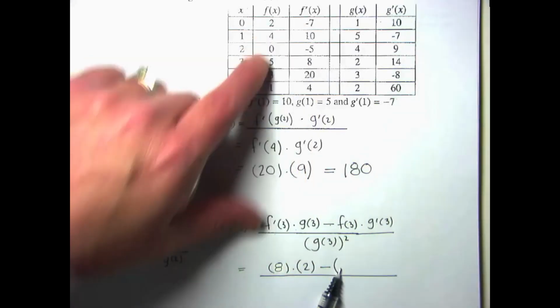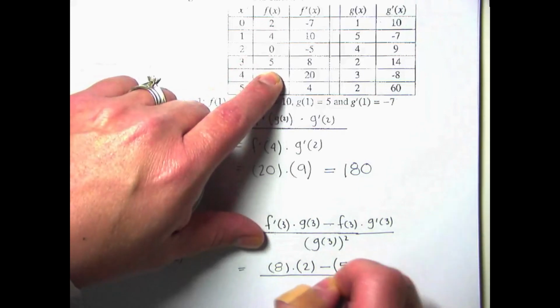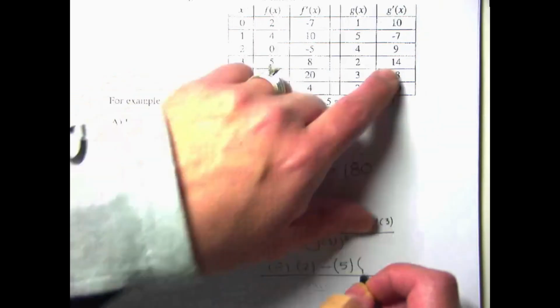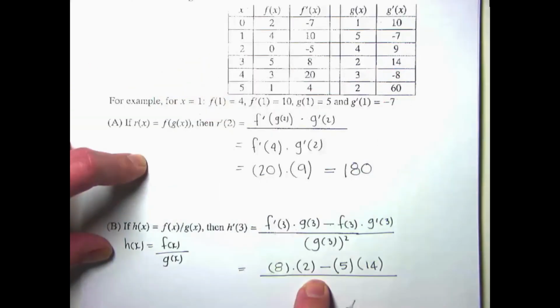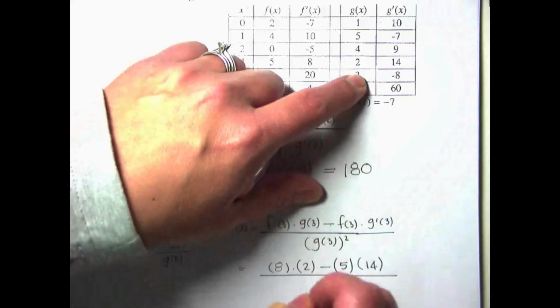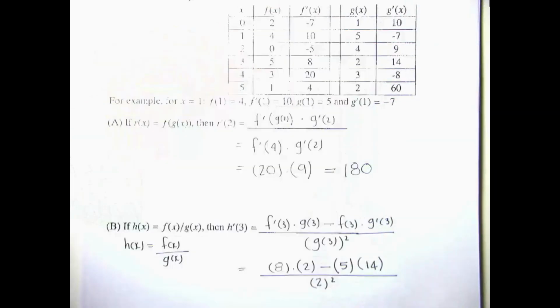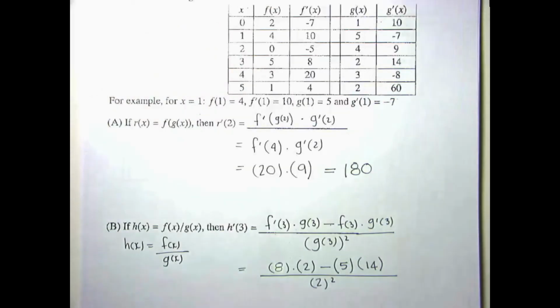F of 3 is equal to 5, and g prime of 3 is equal to 14. Again, everything divided by g of 3. Of course, g of 3 we said was equal to 2, quantity squared. All right, so calculate. This is going to be negative 54 divided by 4, negative 13.5.